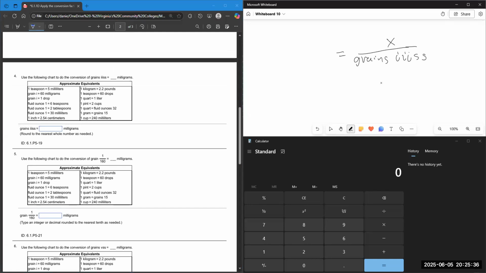So that's 3.5 grains, and 1 grain is 60 milligrams. So that's 3.5 times 60. 3.5 times 60 is 210.